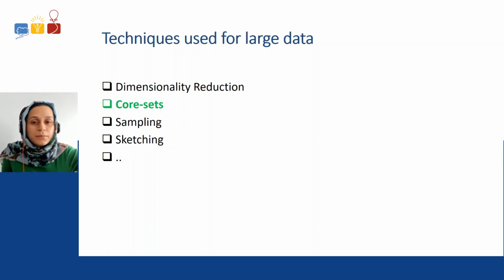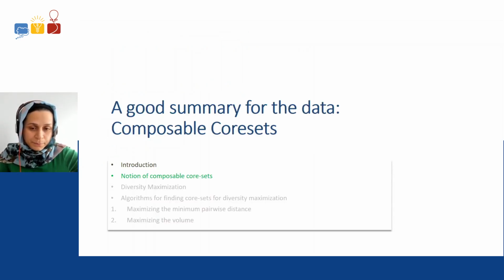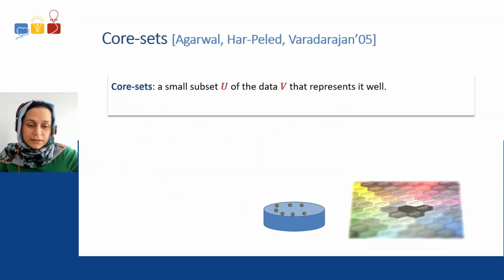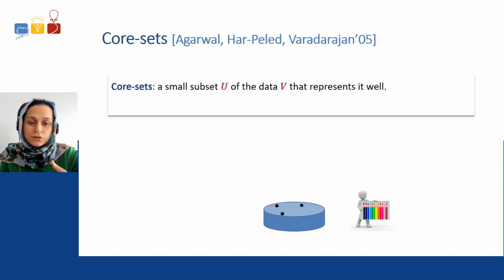So let me start the main part of the talk by telling you what a coreset and a composable coreset is. A coreset is a small subset of the data that's a good representative. So what does it mean to be a good representative?